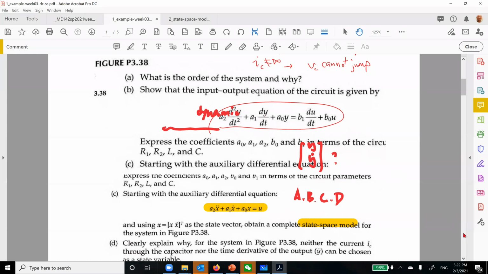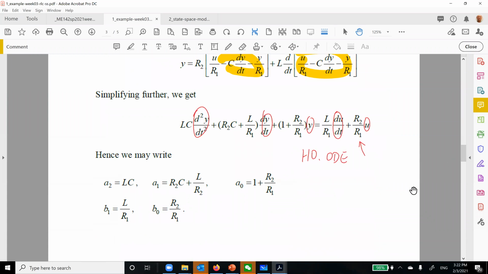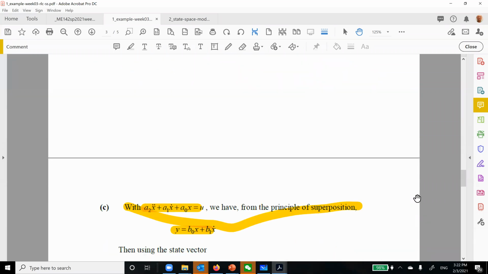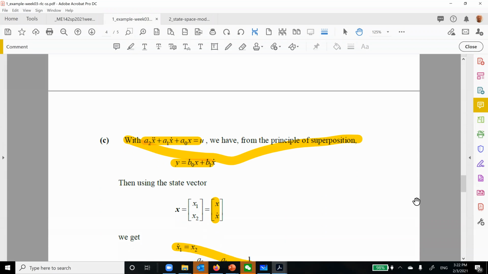So here's the way we handle it. What we try to do is, remember, this is a copy of the left-hand side.